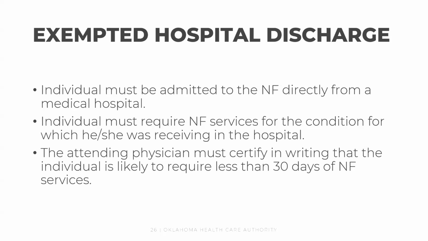And so, what this does is it's a way to bypass a lengthy process of submitting the PASRR, ordering the PASRR, getting the results when this person is only going to be there skilled.